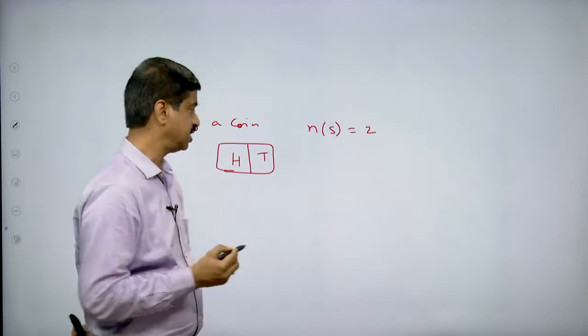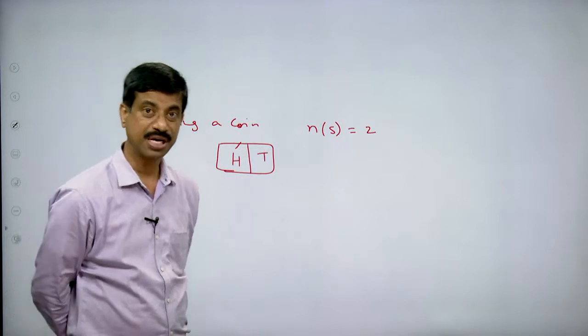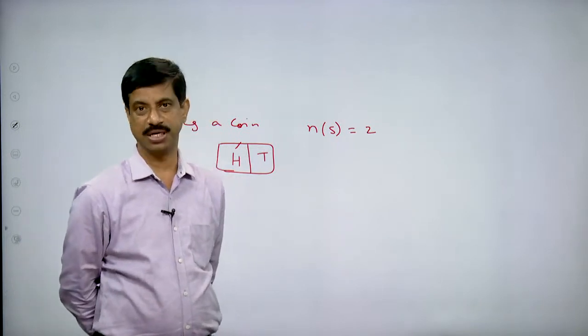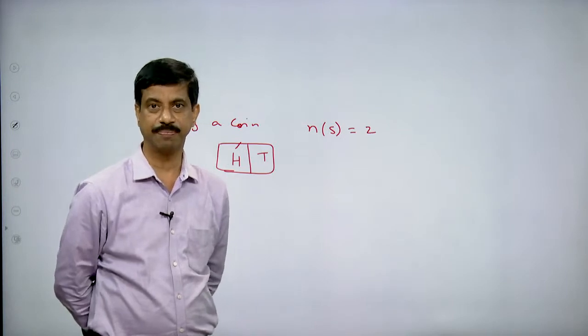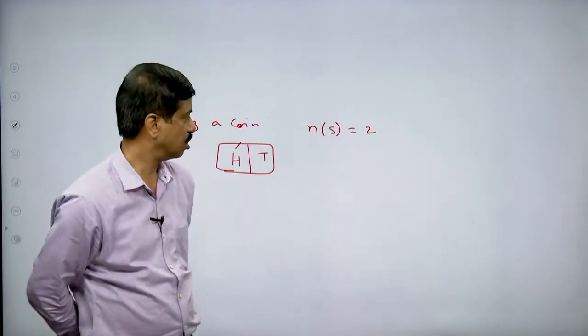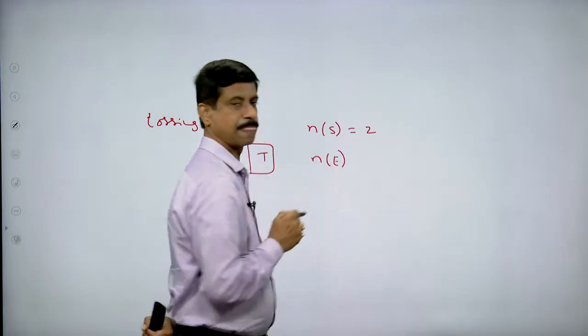If I say head, that becomes the favorable event for me, the event which I wish to happen. That favorable event is denoted by n of e.